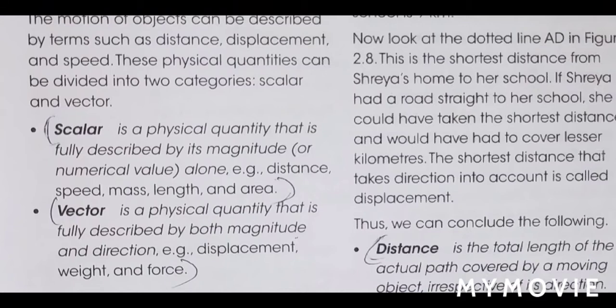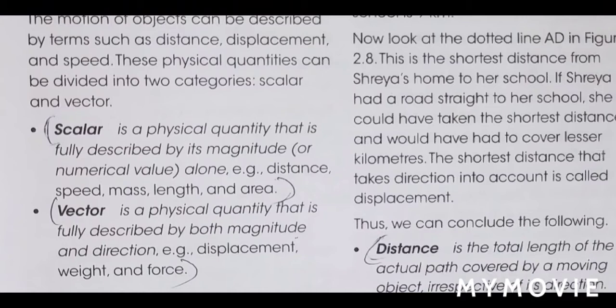For example, distance, speed, mass, length, all these are scalar quantities because all these are expressed in numerical values only. Then, here, a physical quantity that is fully described.